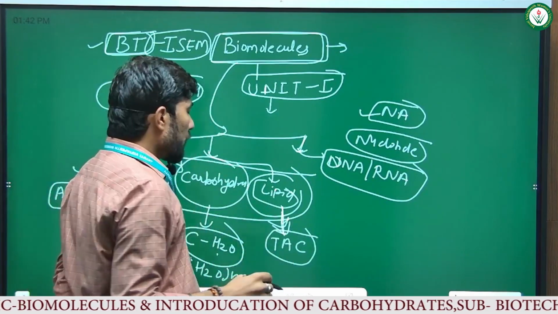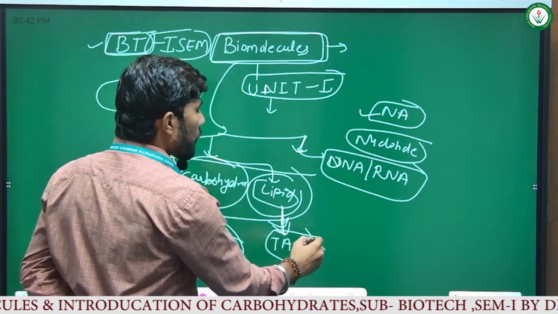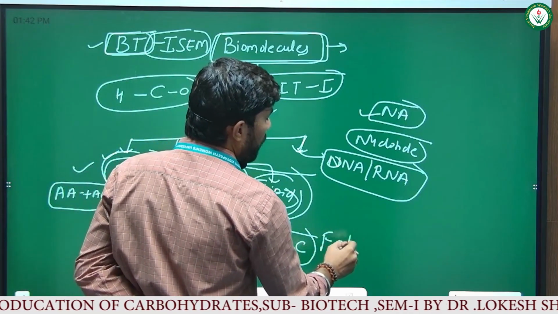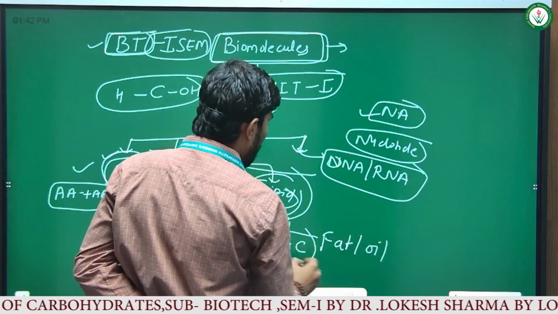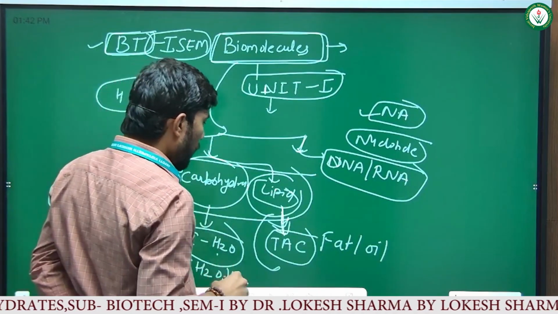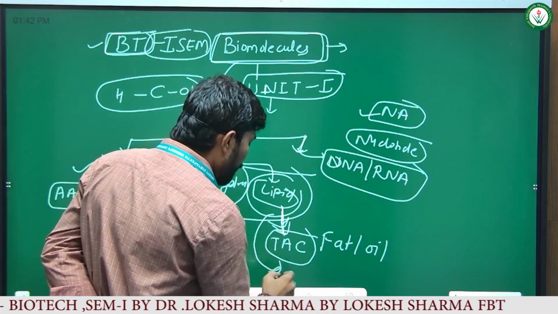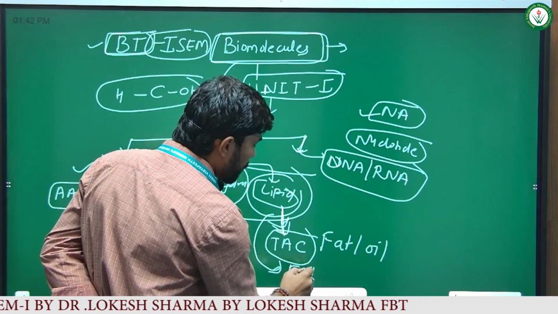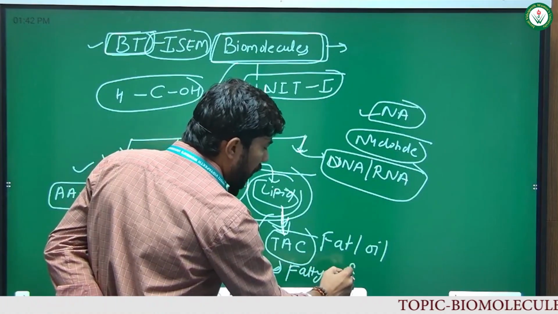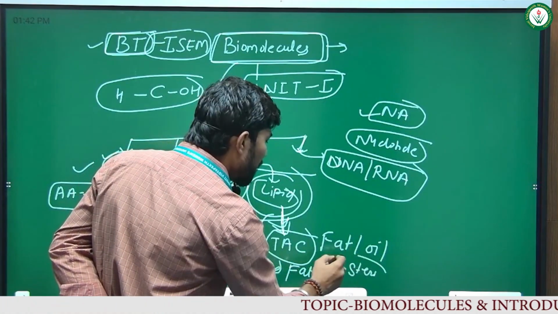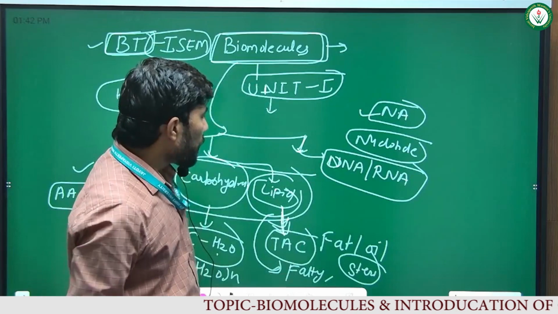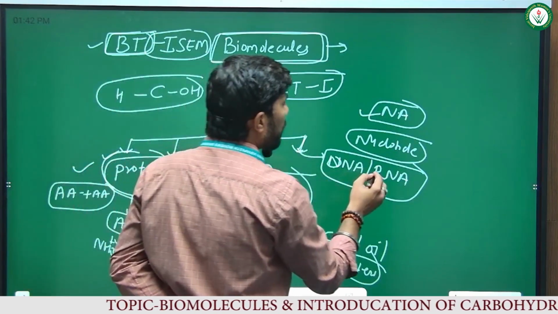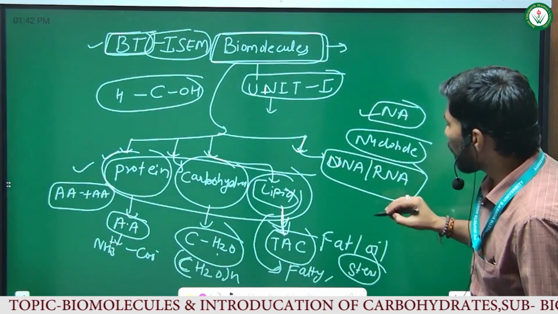triacylglycerol, which is known as fat, oil, different classes. Then we can also know about fatty acids and sterols. These are units of lipids. Then nucleotides are made up of DNA and RNA.